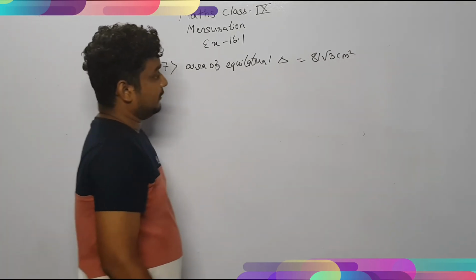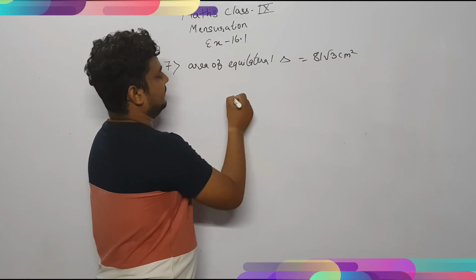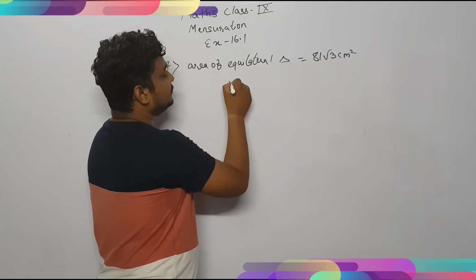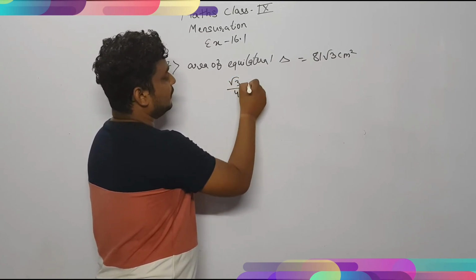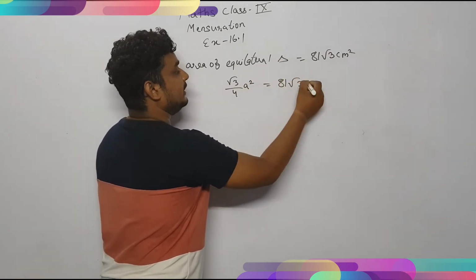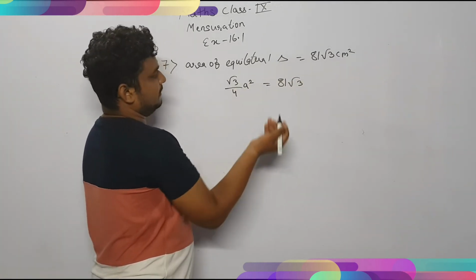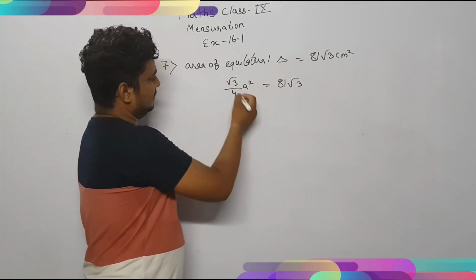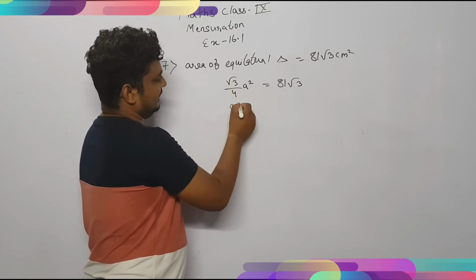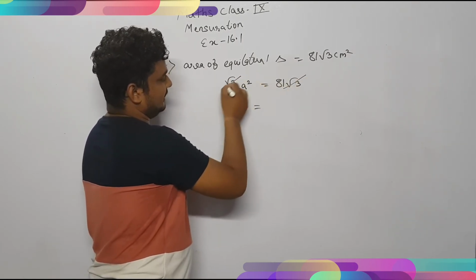So what is the formula for the area? We know that area equals root 3 by 4 a square, which is given as 81 root 3. Now 4 will go to that side and root 3 will be eliminated. So a square equals this, with root 3 and root 3 eliminated.